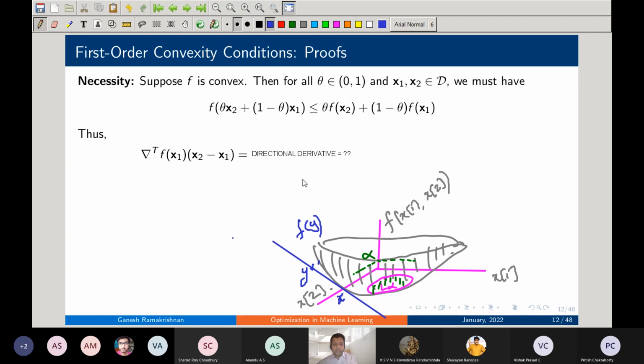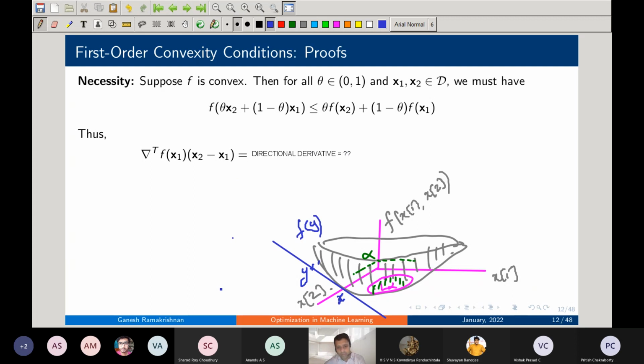So x2 minus x1 can also be thought of as y minus x. Sorry, this derivative, the gradient at x1, could be thought of as the difference between the function values at x plus theta times x2 minus x1, or theta times y minus x.